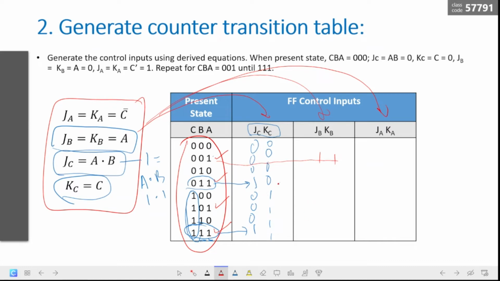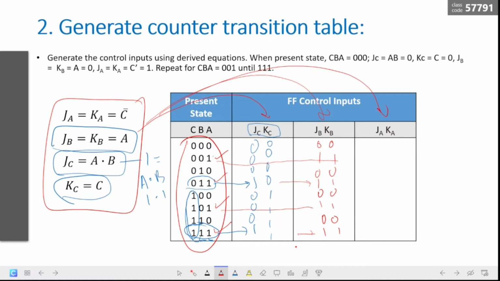This is the easiest. 1, 1, and then here 1, 1, and here 1, 1. The rest are 0, 0, 0, 0, 0, 0.